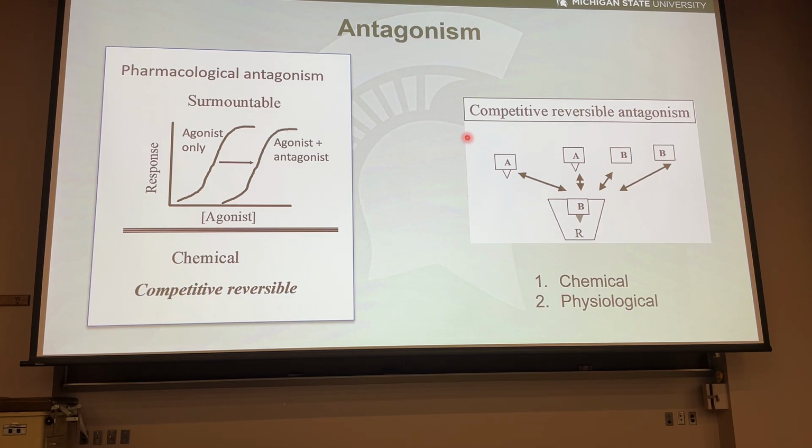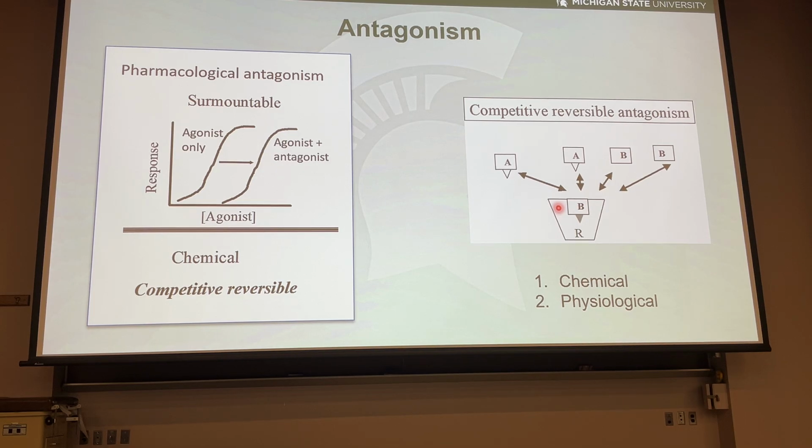So as shown over here, if we think about the situation that we're talking about, A is for agonist, B is for antagonist, and R is for receptor. We have these agonist and antagonist molecules that are all trying to bind into the binding site on this receptor, all right? How well they bind is going to depend on their affinity, right?